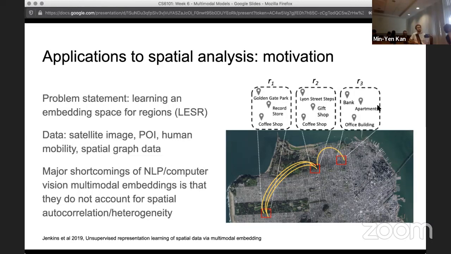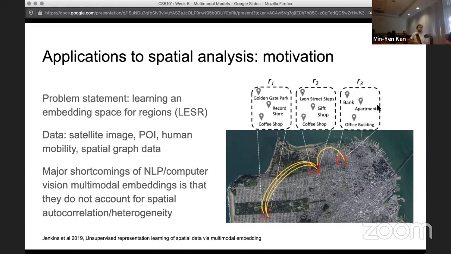So at the end of the day, you'd probably agree that region 1 and region 2 are more similar because they serve a similar purpose. Also, the yellow lines show connections between the regions. A lot of people go from region 1 to region 2, but fewer people go from region 2 to region 3. So in a human geography sense, region 1 and 2 are more similar than region 2 and 3, even though they're close apart.